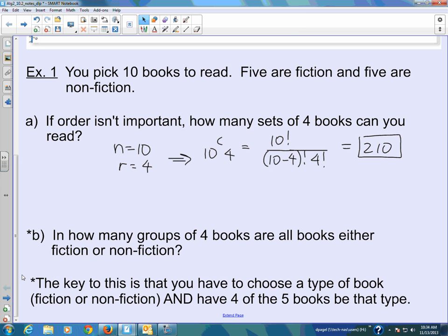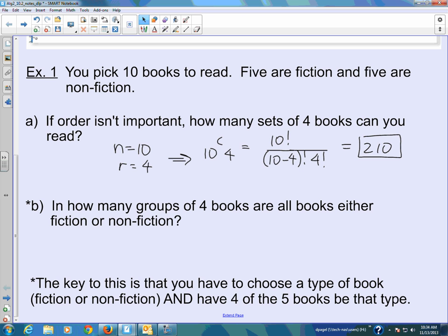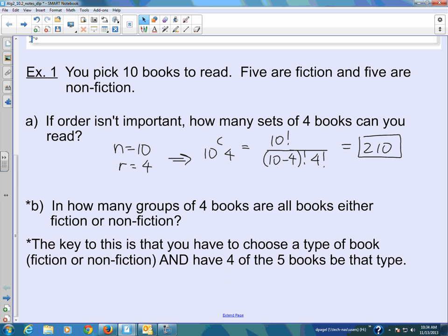Now, what if we wanted specifically to emphasize a type of book? What if we wanted a fiction book or a nonfiction book? In how many groups of 4 books are all the books either fiction or nonfiction? What we've done here is given ourselves 2 different categories we have to consider.